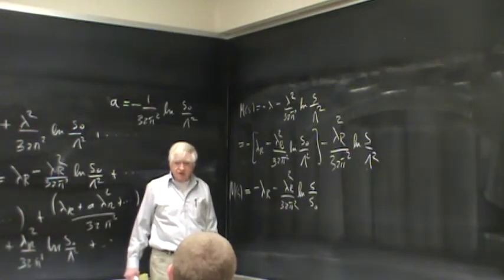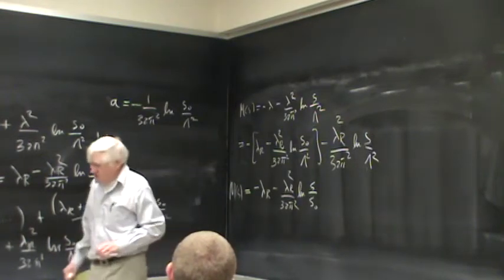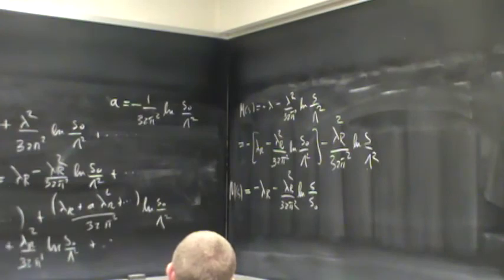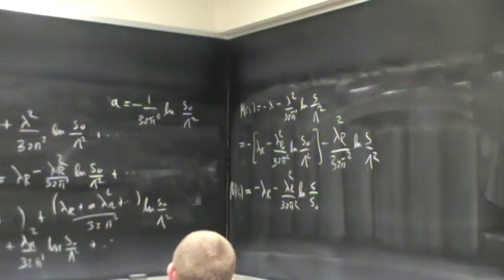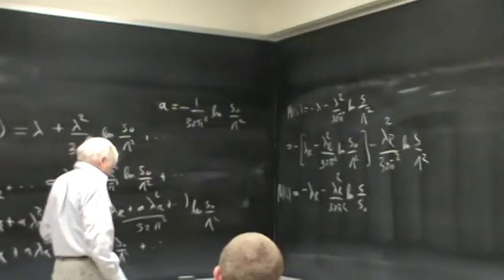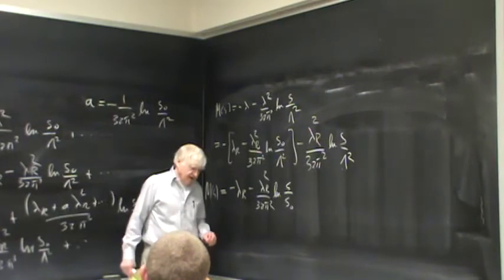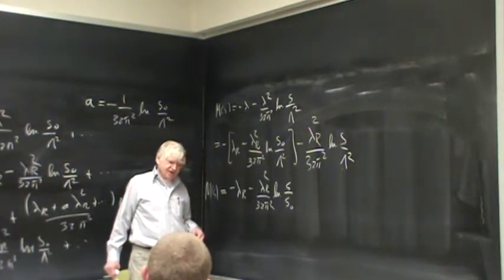Of course, we still don't know what's going on at short distances, but we've rewritten things in such a way that we've expressed the finite observables in terms of finite parameters and other finite observables. And that's, of course, the goal.